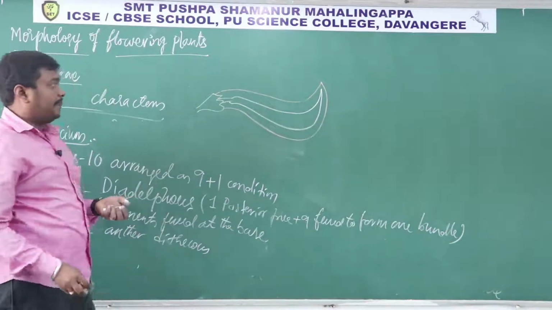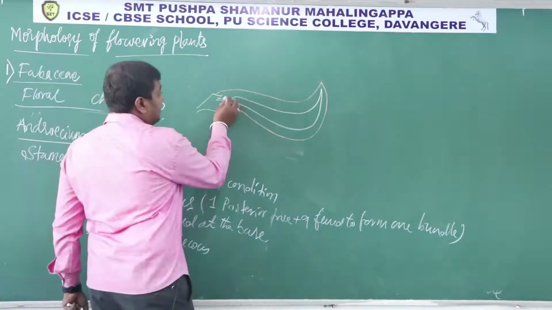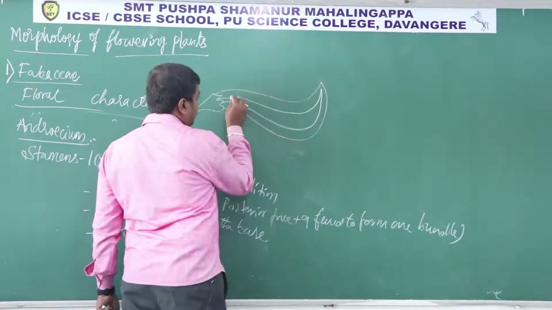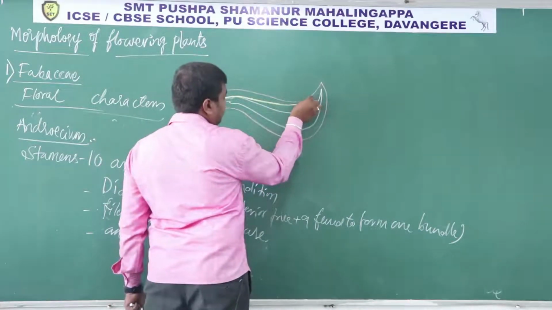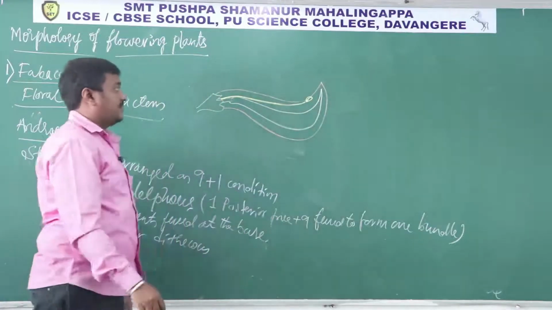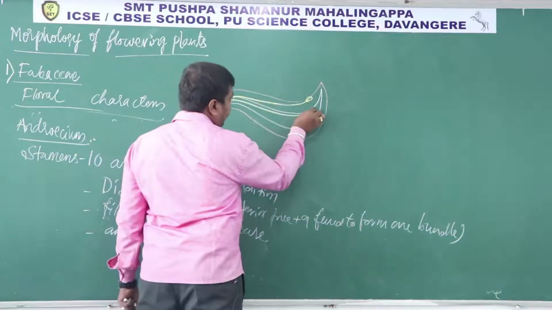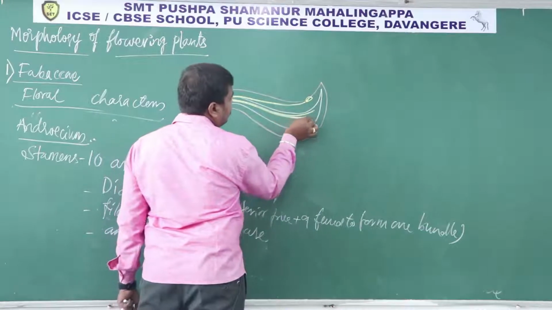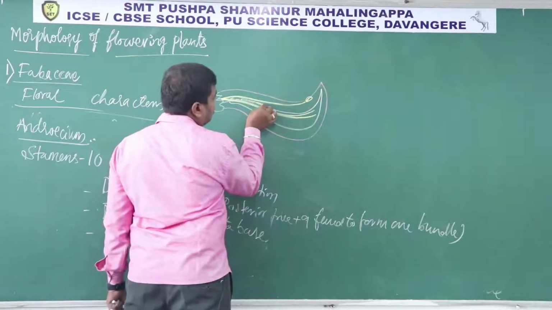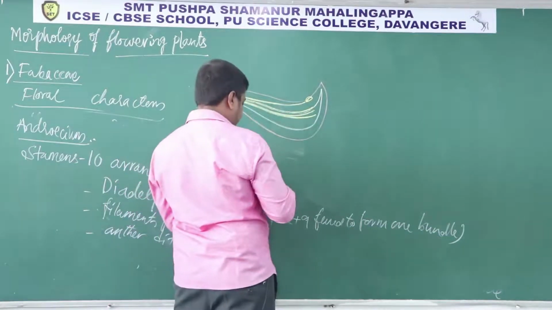And the stamens are enclosed. Let me count the number. It is starting from here. This is the stamen, one stamen. Okay, and the remaining: 1, 2, 3. So let me write at the tip.